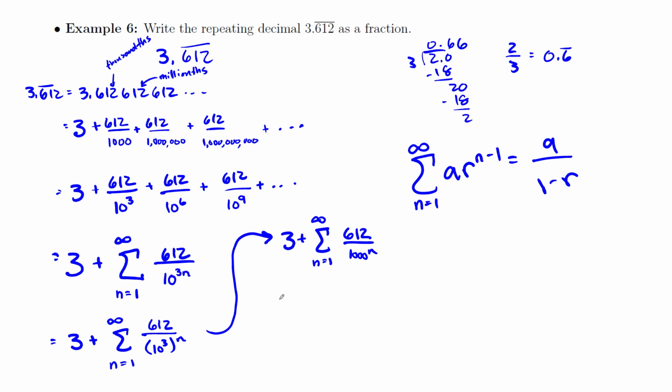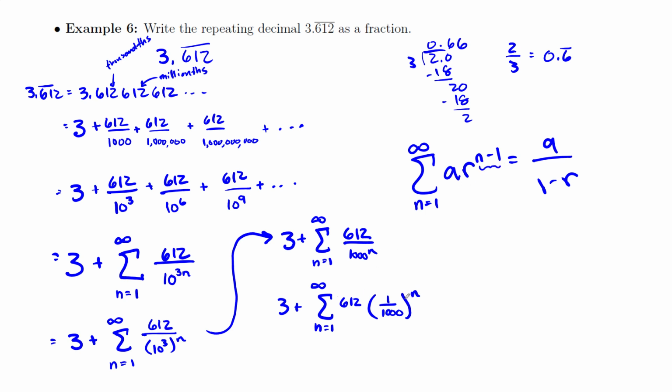Okay, so 3 plus n equals 1 to infinity of 612 times 1 over 1,000 to the n. So we're getting really close here, okay? I think that we can look at this and say, I've got my r, right? I've definitely got my r. And it looks like I have an a, but there's still one problem. I need it as n minus 1, not as n.